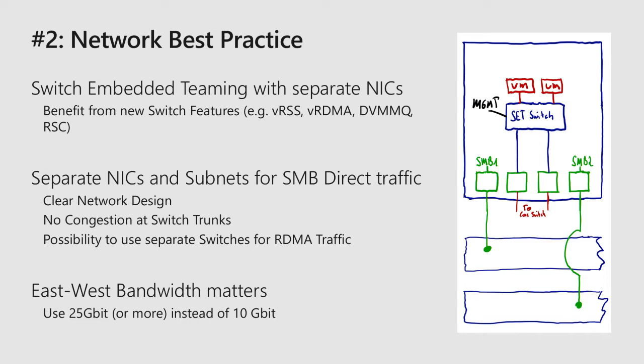They are not much more expensive than the 10 gigabit. And if you use NVMe as storage devices, 2 times 10 gigabit doesn't give you all the bandwidth that an NVMe needs. So you are paying for NVMe, but you don't get the full NVMe performance because you don't have the bandwidth between the hosts. So consider doing more network here.